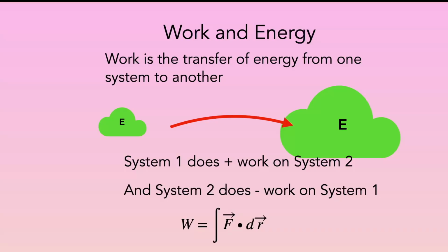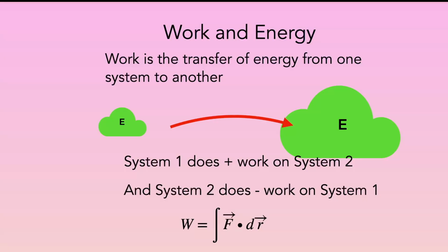The equation we have for AP Physics C is that work is the integral of F dot dr. dr is a very small displacement vector, and the dot in the middle is the dot product. We take the magnitude of F and the magnitude of dr, and the dot product brings in the cosine of the angle between them.